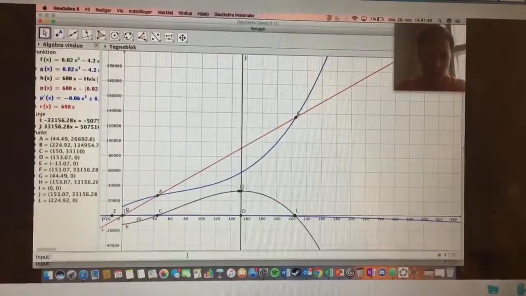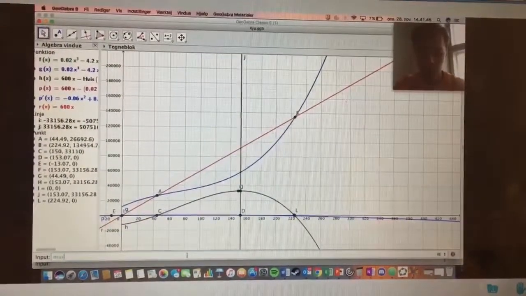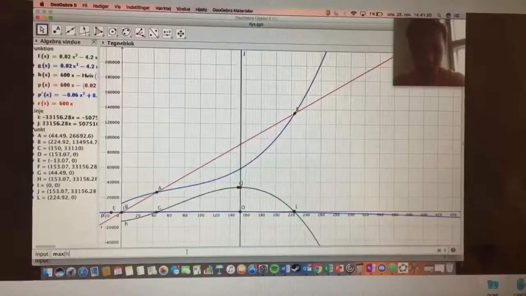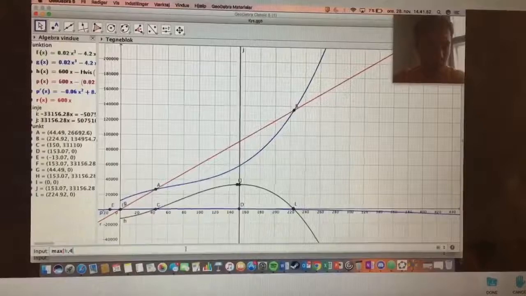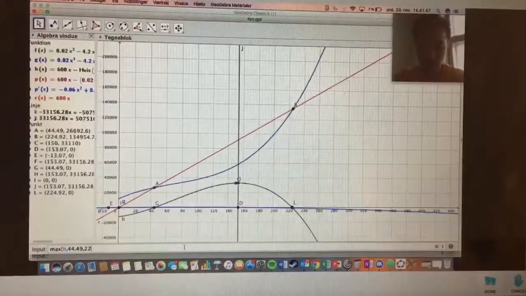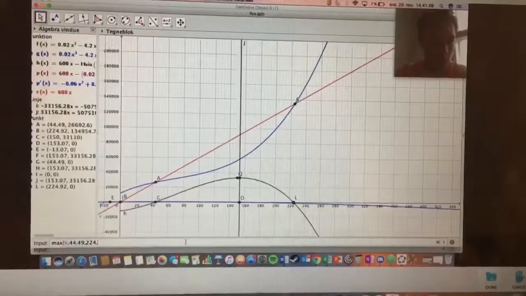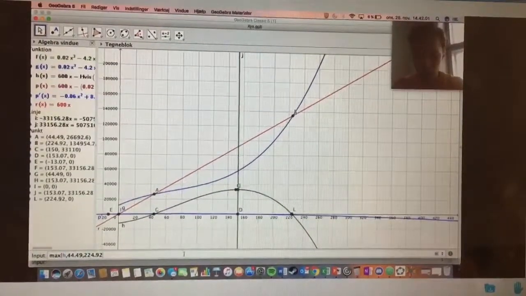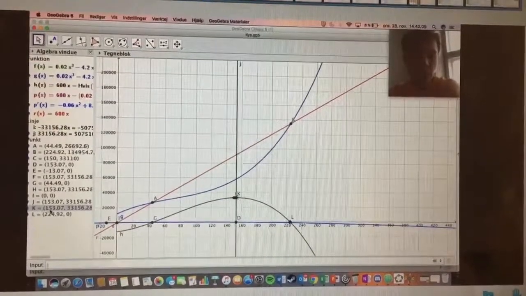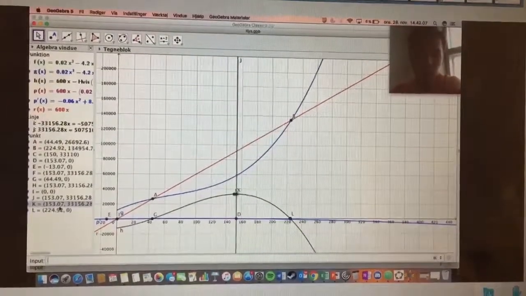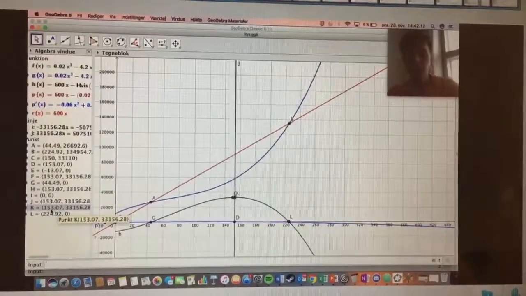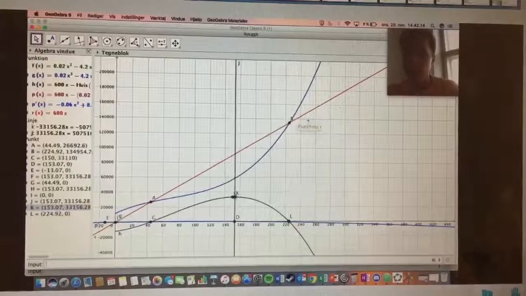But we can find it by writing this, and it's the H line, and we write the 2 points, and we end it, and here you can see the new one that popped up was 153.07, and that means that by producing 153.07 units, we get the maximum profit for this week.